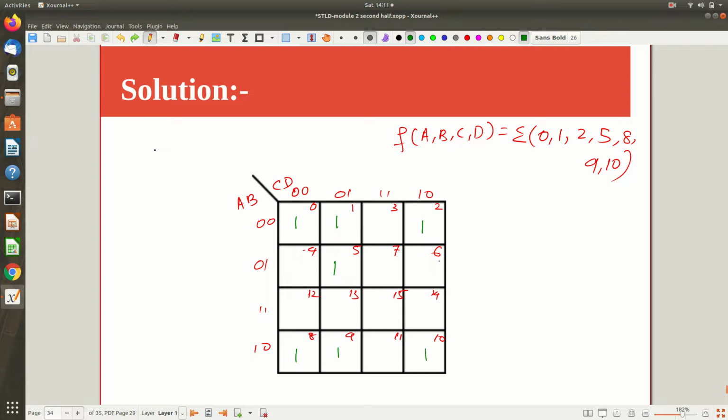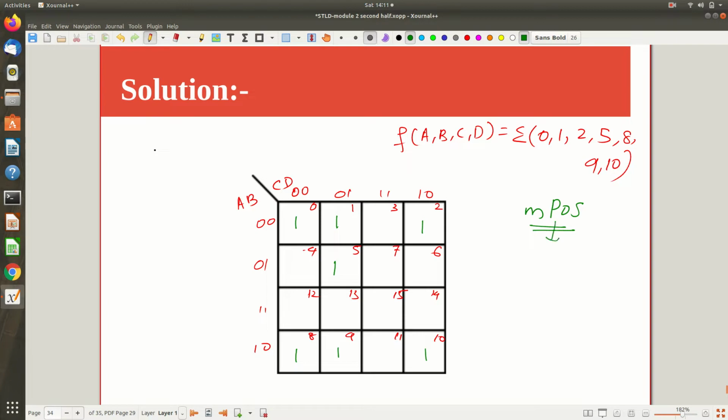Okay, fine. So what we need is the minimum product of sum expression. If you want sum of product, what you did is you grouped the ones. Now just compare, and keep only sum of product minimization in your mind, so that you understand the difference, how to do this, that's all. So to get the minimum sum of product expression, you are supposed to group ones.